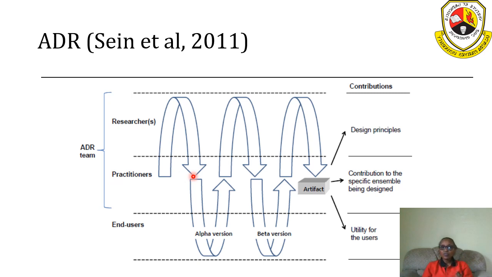Here we have a diagram of how the artifact comes out. The alpha version is implemented, and you come up with a beta version. But the design principles, the users, and the overall context are what I reported back, not the artifact itself.